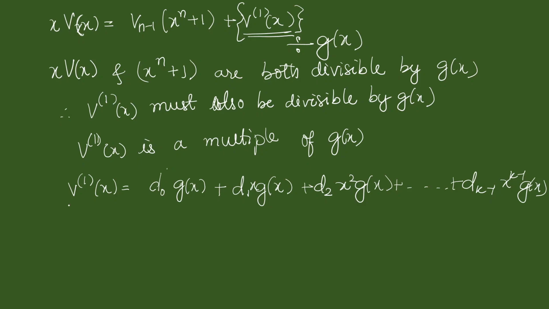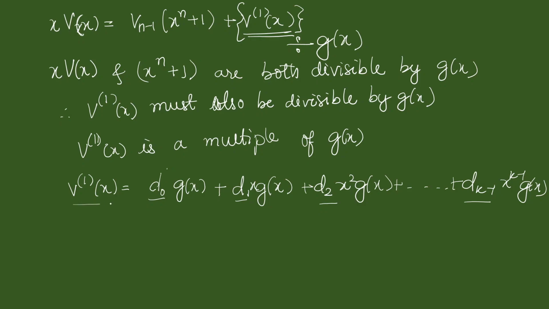So this means v1 of x can also be expressed as a linear combination of g of x, where d naught, d1, d2, up to d k minus 1 are some other, different message sequence that we could give as an input to obtain this code word vector v1 of x.